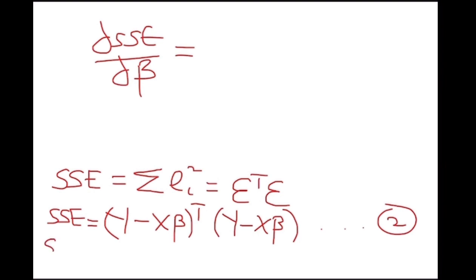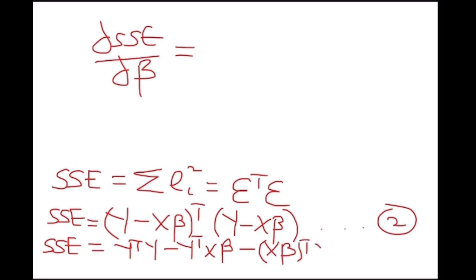But why can't we do this first? Before we differentiate, can we expand that? This is going to be y transpose y minus y transpose X beta, minus X beta transpose y, plus X beta transpose X beta, when you multiply out.